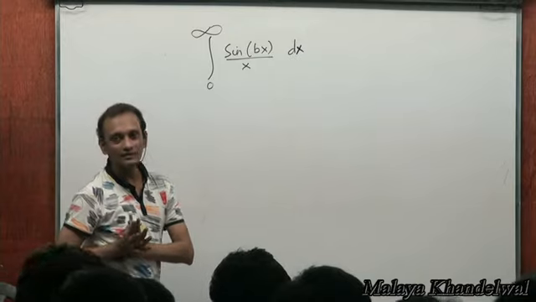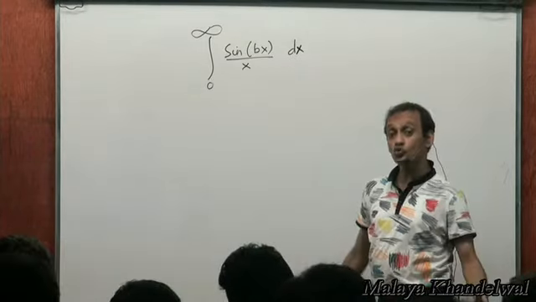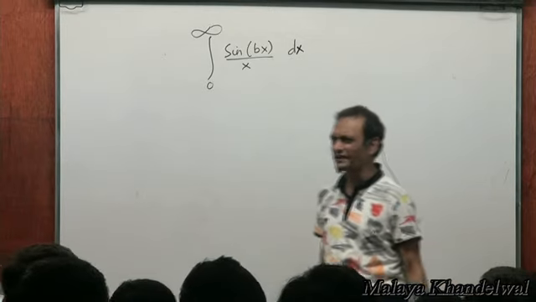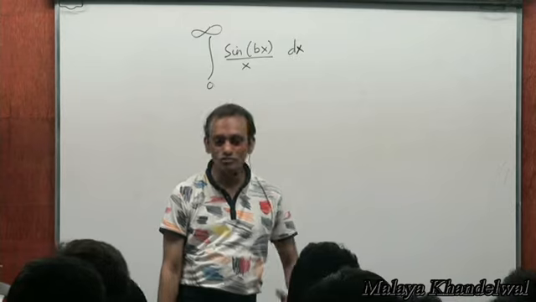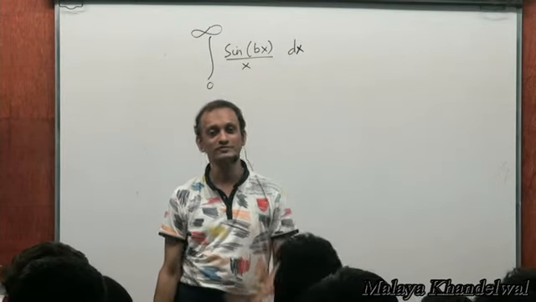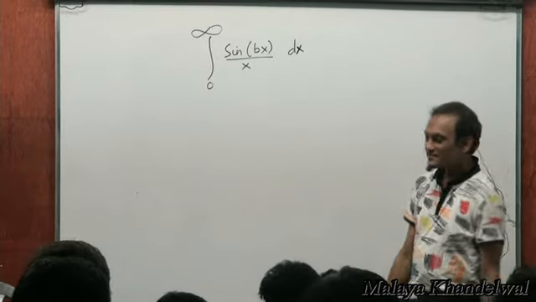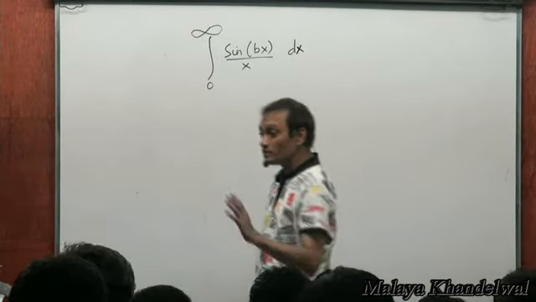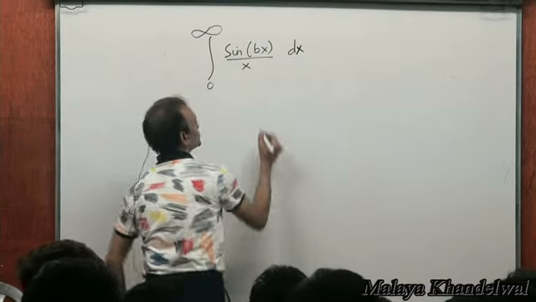Okay. I want to integrate this from 0 to infinity. Try integrating. Try finding a primitive and get bamboozled. You can't find a primitive because I couldn't. Now to deal with an integral of this kind, this is what they do.